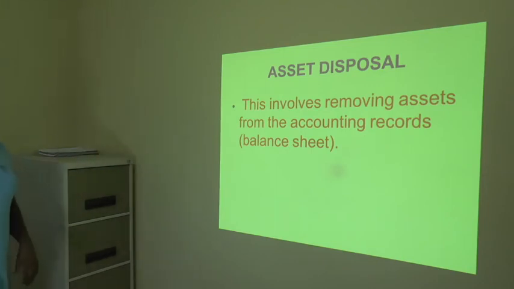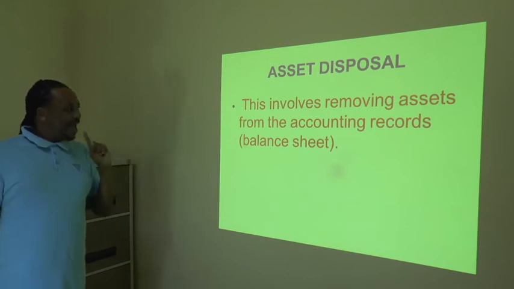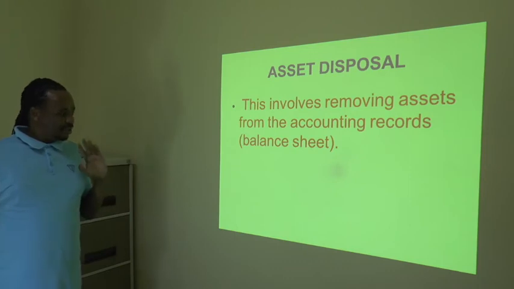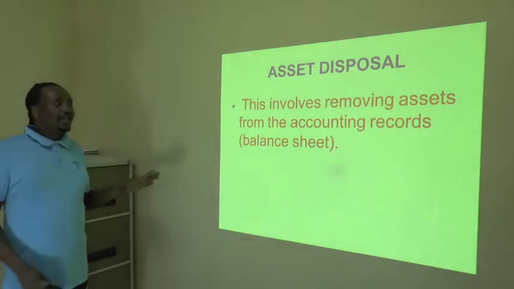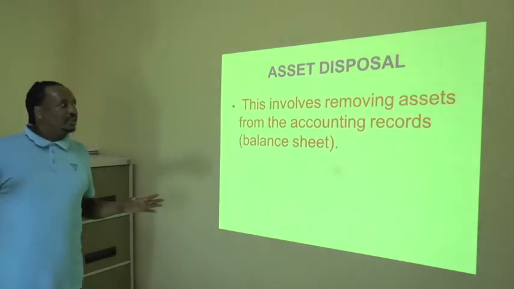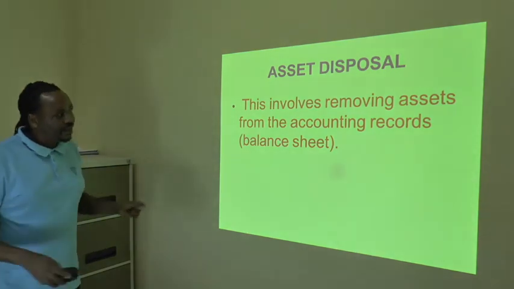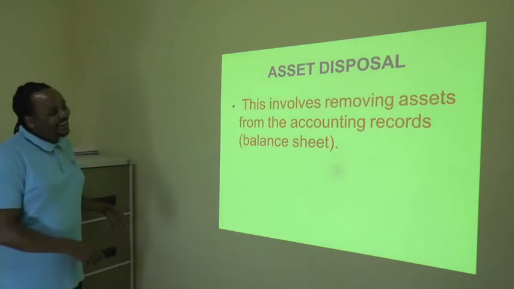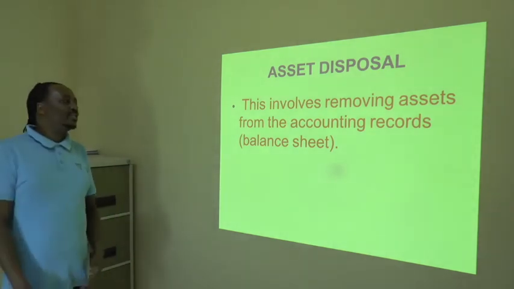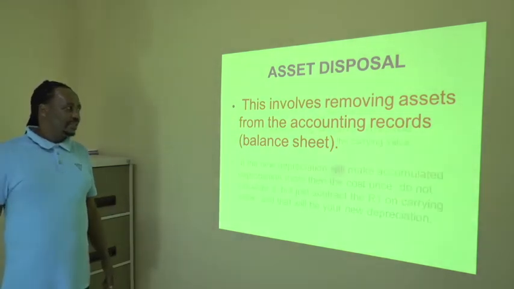Asset disposal. This involves removing an asset from the accounting record, the balance sheet. Remember, people, I said to you, what is to dispose? To dispose of an asset is where you remove an asset from the accounting record, which is the balance sheet. It's taken out of the books of the business because that asset is no longer within the business.